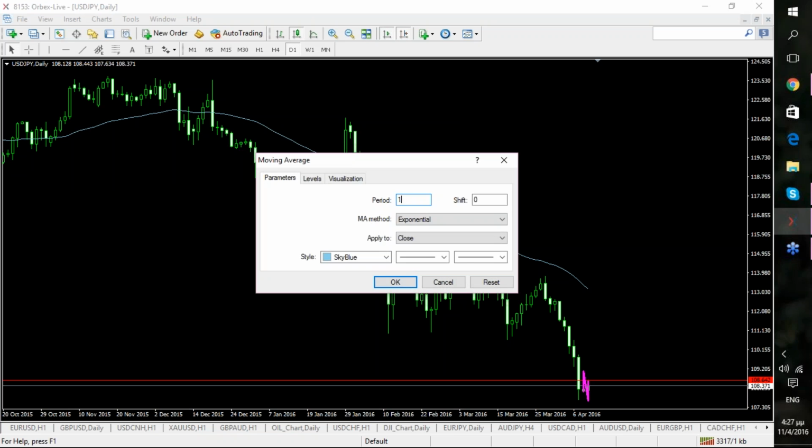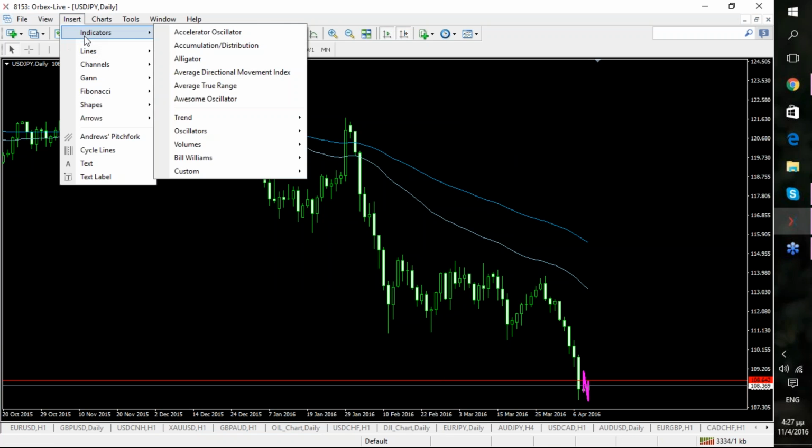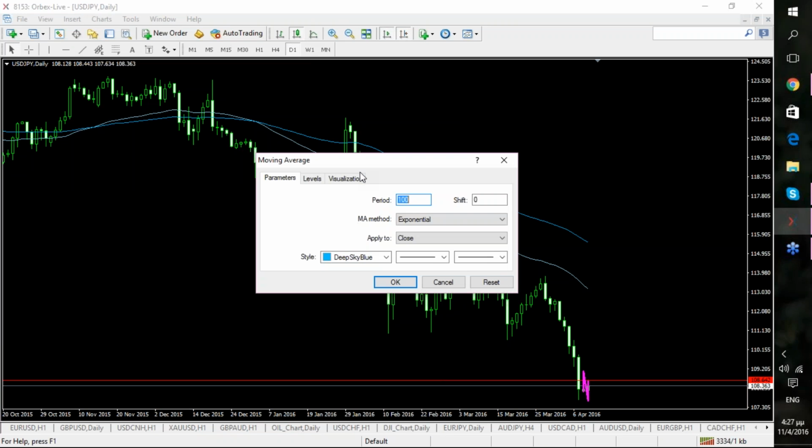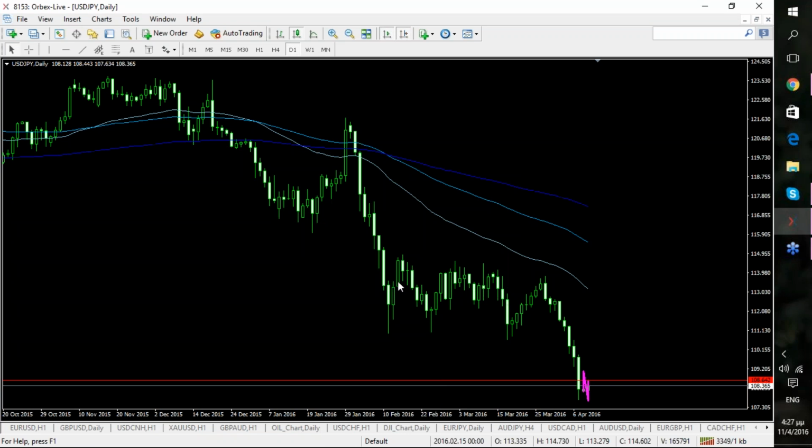So I'm doing it on the 100, and let's go on to 100. Got 100 there, and last line 200. Okay, there we go. So yes, very clear indication even on the longer term for the USD JPY.